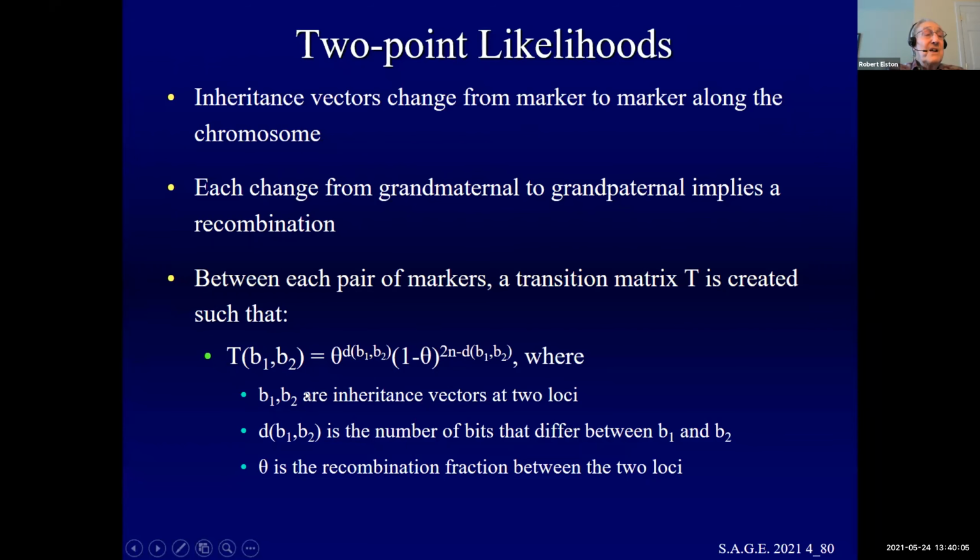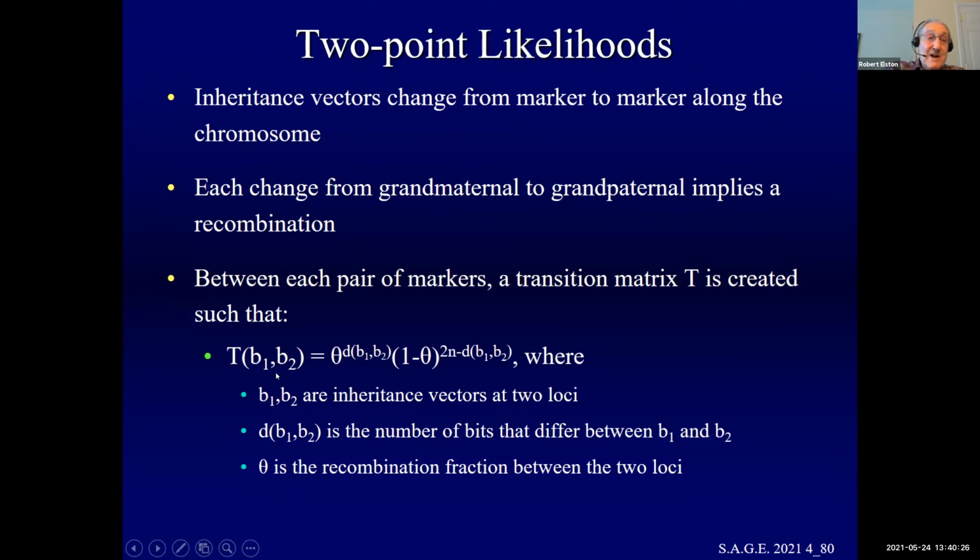These are the inheritance vectors, and this is the number of bits that differ between B1 and B2, and theta is the recombination fraction between the 2 loci. So this is a transition matrix going from one set of bits to another.